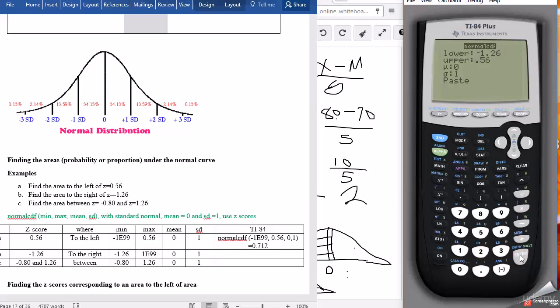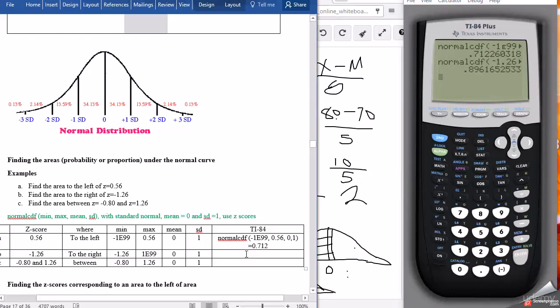And then the upper is 1E99. Okay, the mean is 0 and the standard deviation is 1. Again, anytime we are given the z-score, it means that it is standardized. So the mean is 0 and standard deviation is 1. So go down and paste, and then this is the probability that we have.